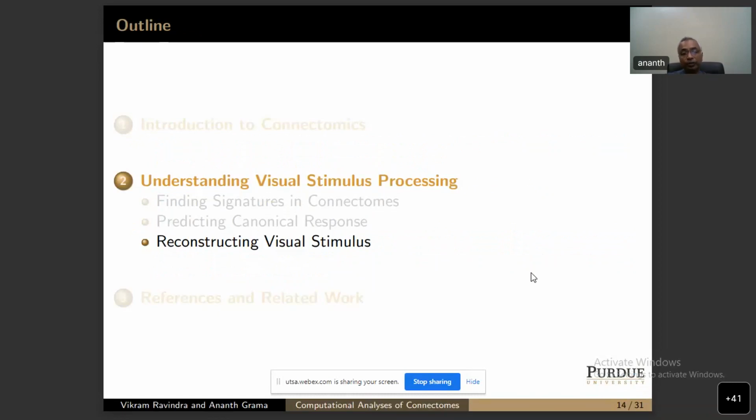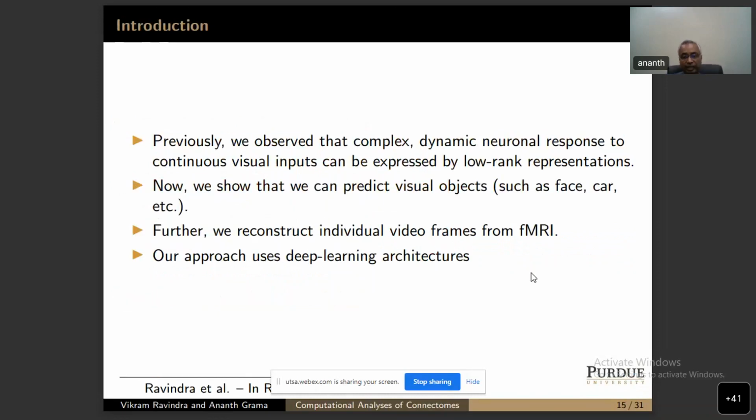All right, so now we get to the really ambitious part of this talk, which is can I read your mind? So now the experiment is as follows. Up until now, we've shown that complex dynamic responses to continuous visual inputs can be represented in low rank or archetypal representations. And what we'll show now is that we can actually predict objects that you're watching on the screen. So in this particular case, we can say, for example, that you're actually watching a face or a car or outdoors, things like that.